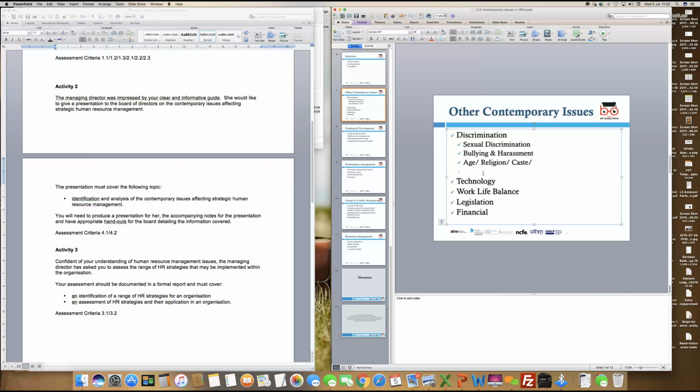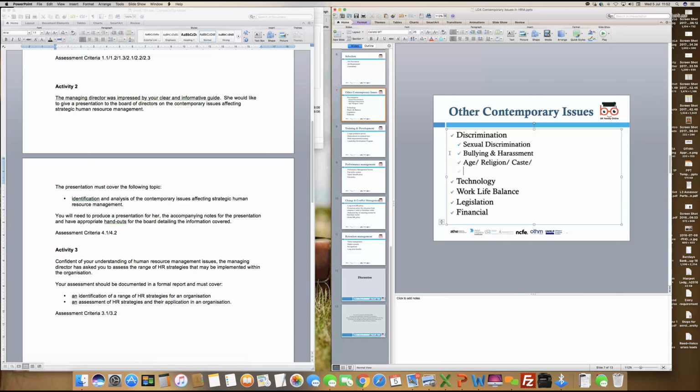If they have to take certain days off, the husband can take off and stay with the children and the wife can work, or the wife can take off and the husband can then go back to the office. So that is something called work-life balance. And these are general contemporary issues which are also being looked at within the context of HR. Is that okay? Yes.